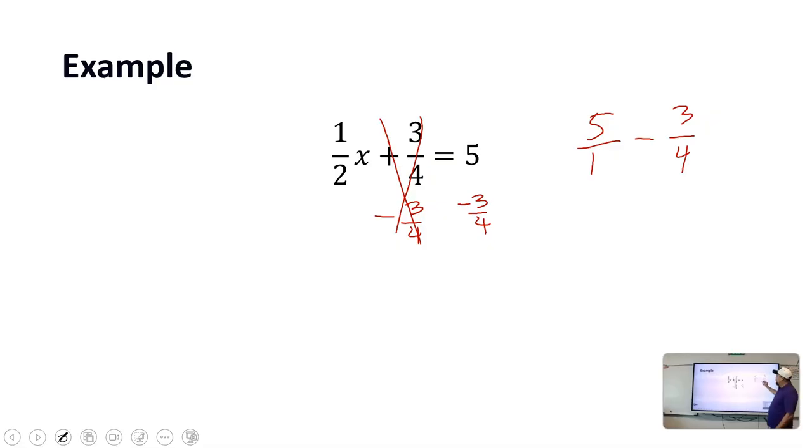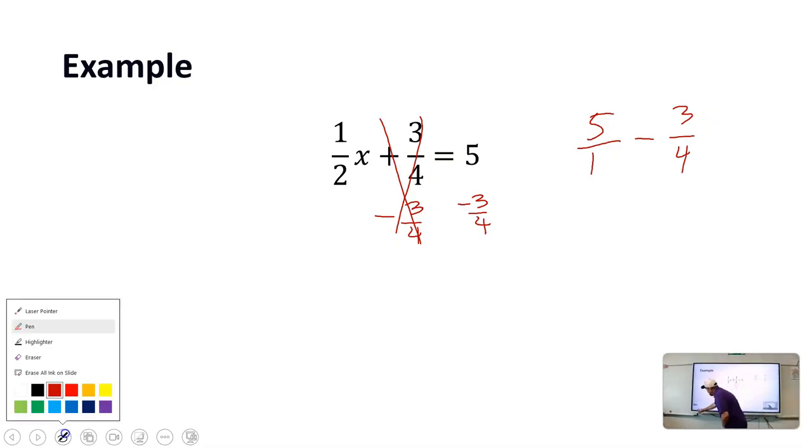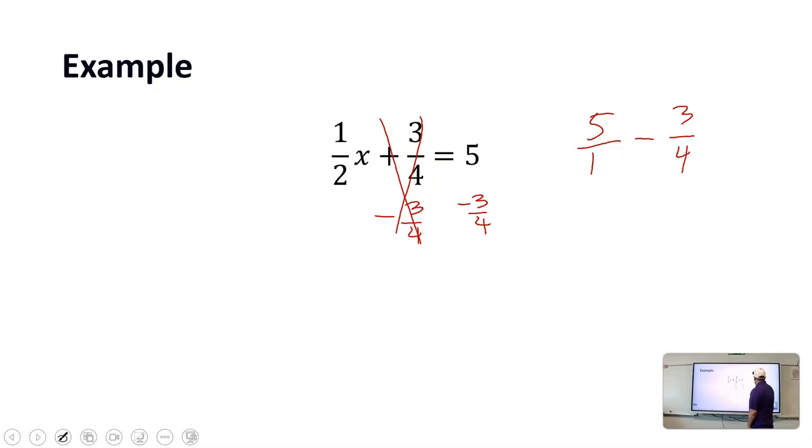Or we can turn that 1 into a 4 by timesing it by 4 and the top by 4. And I end up with 20 over 4 minus 3/4, which equals 17/4. Okay, it's usually why people don't like fractions. It can get kind of ugly, I guess, if you want to say it that way.